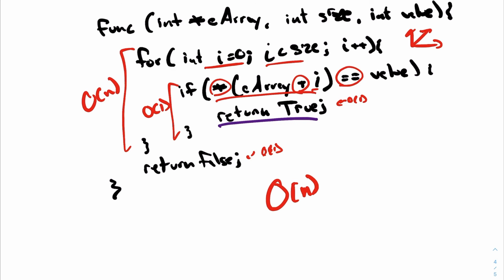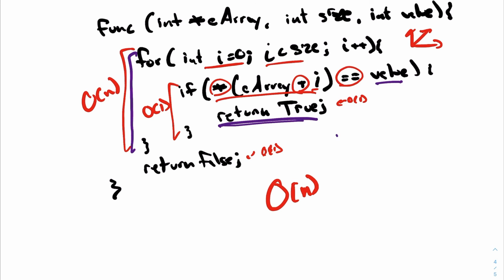So this function could be executing, and then in the middle of the function, if it finds a value that it likes, this thing could return true. It could just exit the function early. It doesn't have to run until the end of this for loop. So what does that mean? Well, for our big O notation, it means nothing.